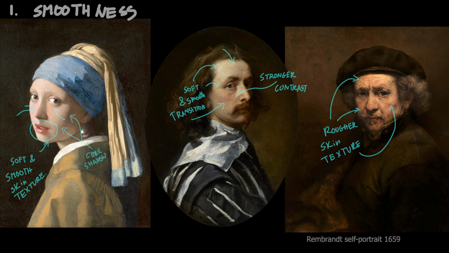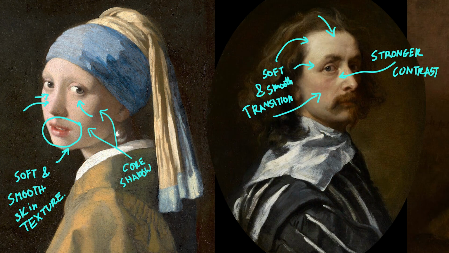For smoothness and how well they rendered their skin texture, both The Girl with the Pearl Earring and Anthony van Dyck's self-portrait are the smoothest. I would say they have a subtly different kind of smoothness.